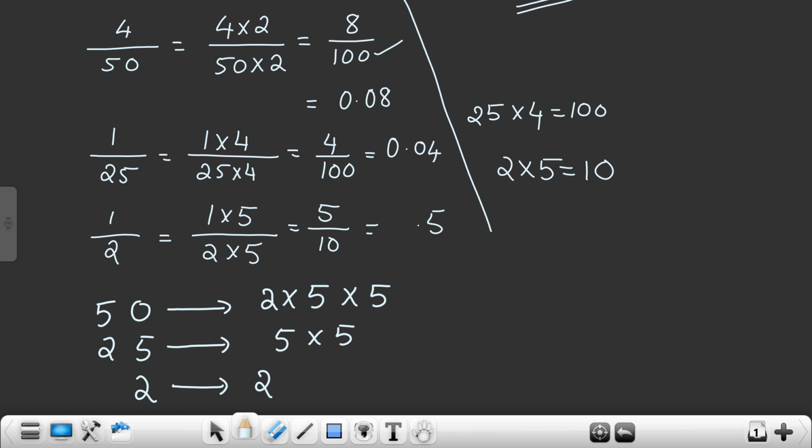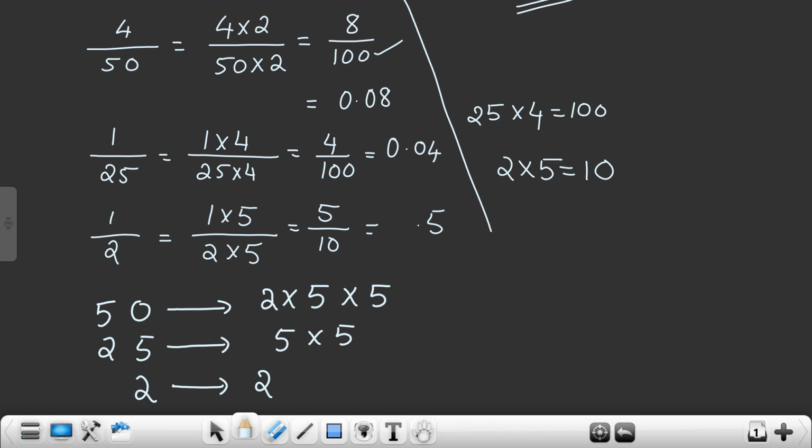Can you see any peculiarity in the denominators of these fractions? In these fractions, the denominators can be converted into powers of 10.